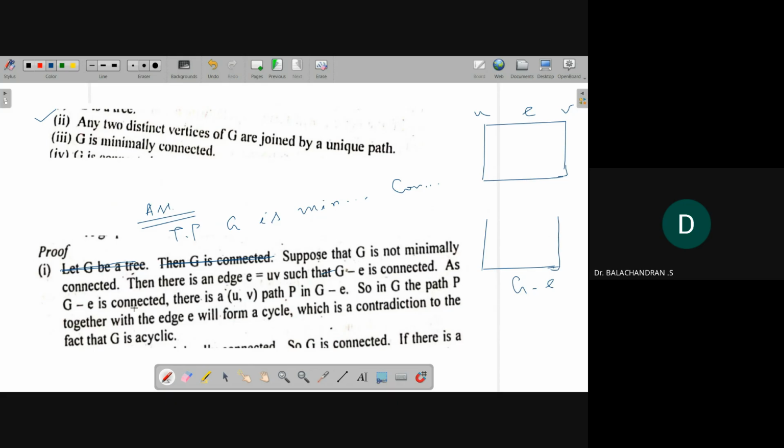As G minus e is connected, there is a uv path P in G minus e.